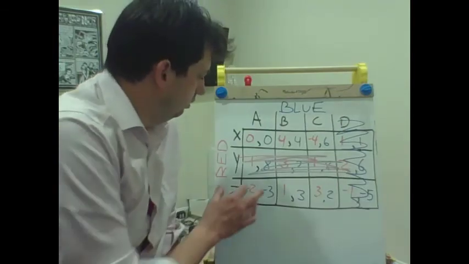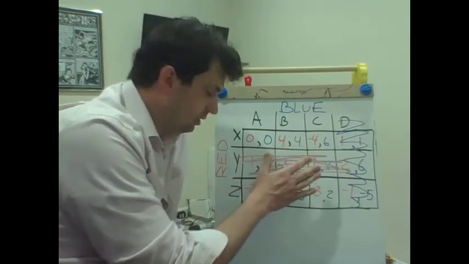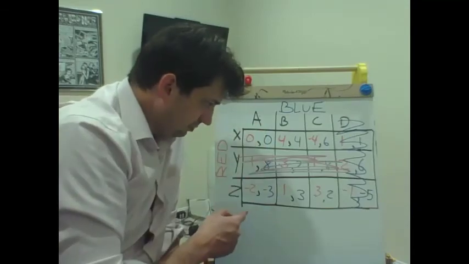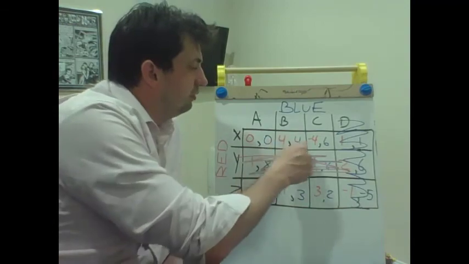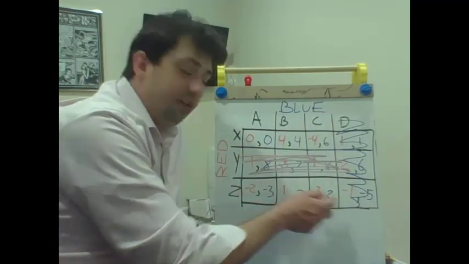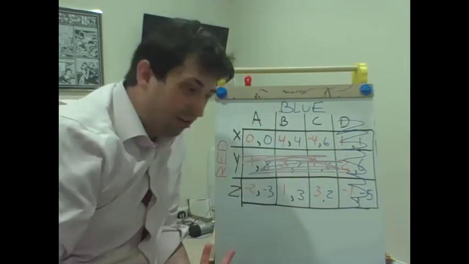Well, if we've eliminated option Y, that means that option A is also terrible, right? You get 0 or -3. 0 is less than 4 and 6. -3 is less than 3 and 2. It doesn't have to be less than both, just less than one. It's less than both. A is a terrible strategy now.